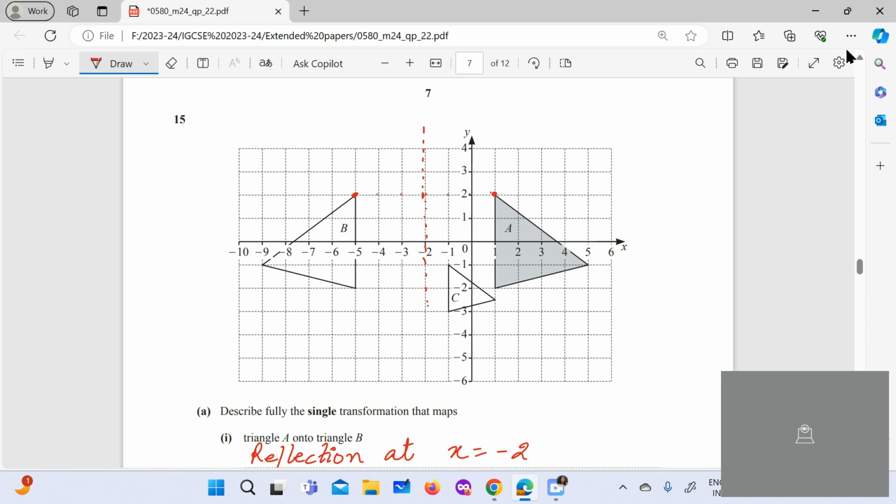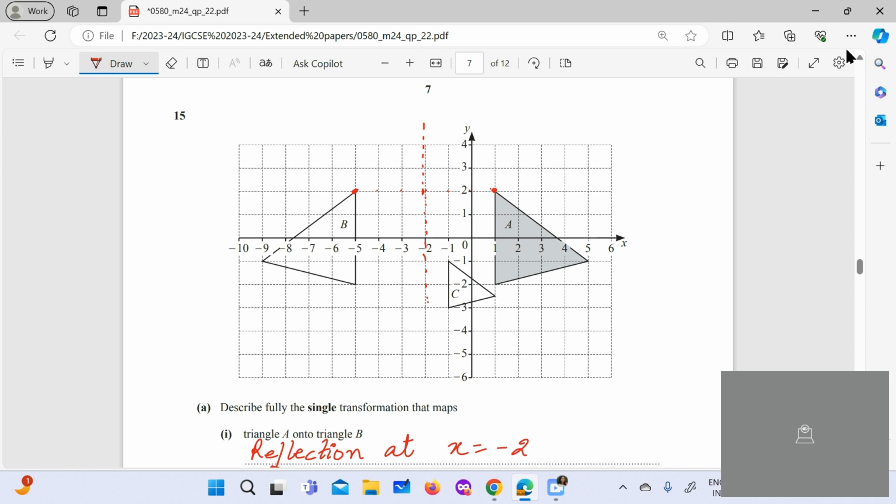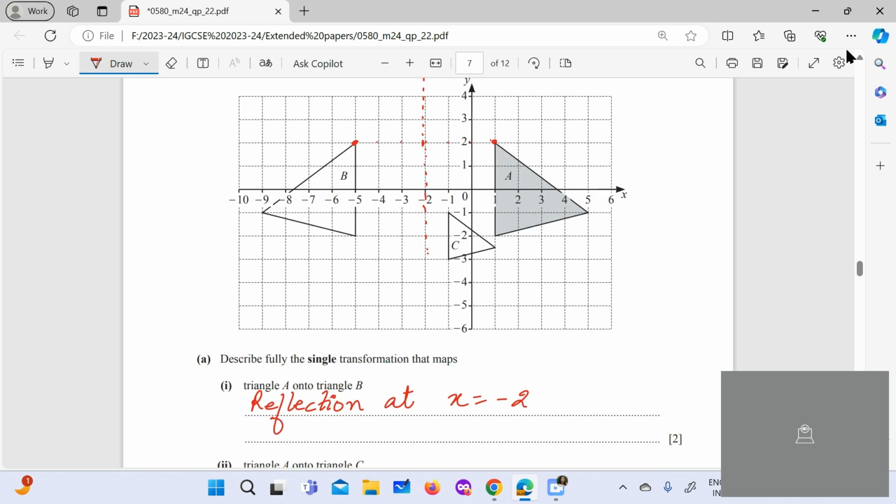Okay, so when you look at this, this is a very clear cut case of enlargement. Now when you are saying this is enlargement, you should tell what is the scale factor and what will be the center of enlargement.